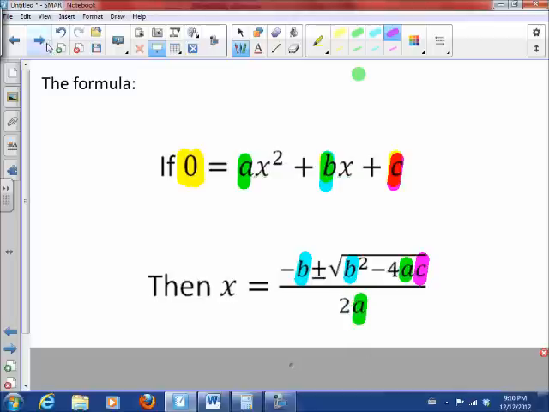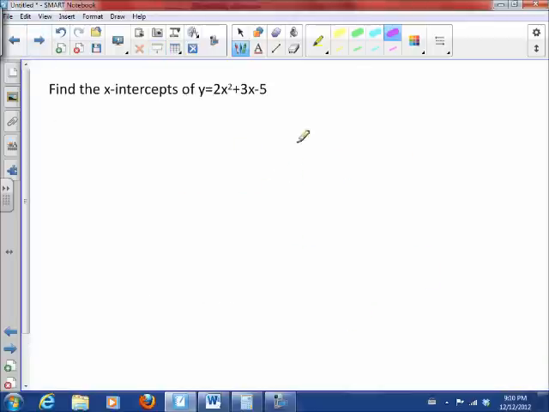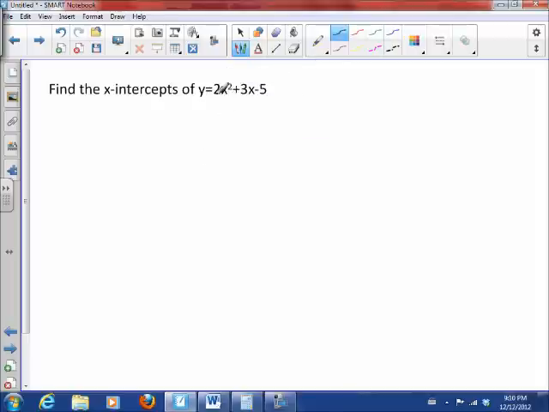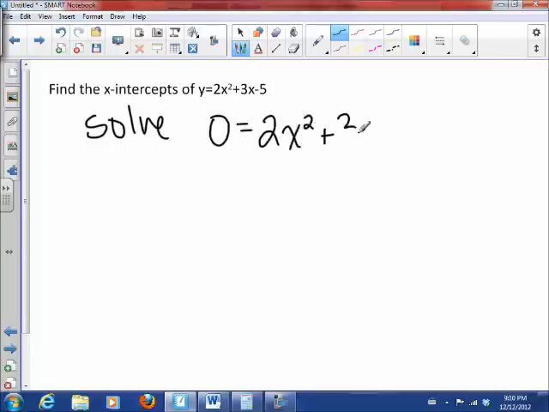So here we go. We're going to do our first problem. First we know we have to find the x-intercepts for this. This is the same as me asking you to solve the equation 0 is equal to 2x squared plus 3x minus 5.